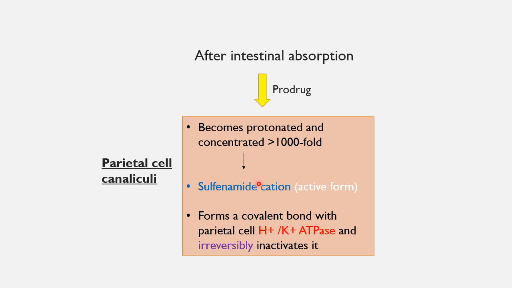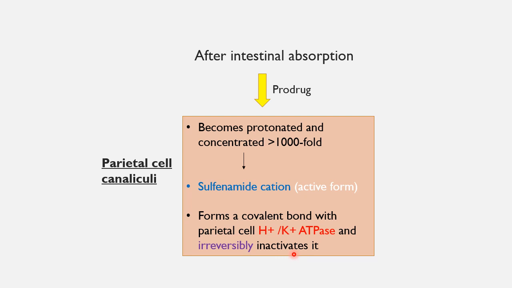It is then converted into its active form, which is a sulfinamide cation that forms a covalent bond with the parietal cell hydrogen potassium ATPase and irreversibly inactivates it. Clear?